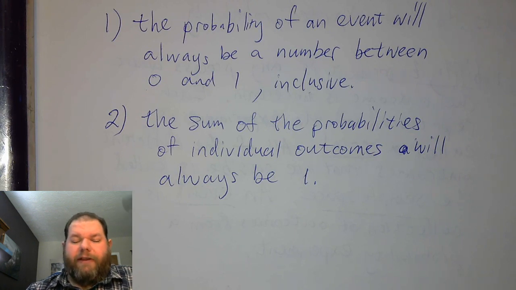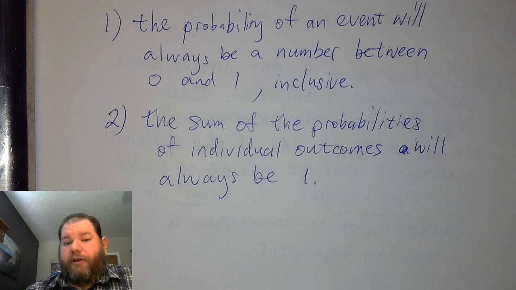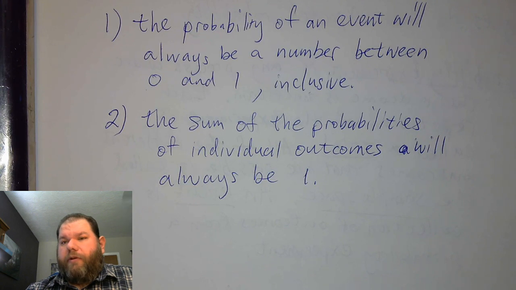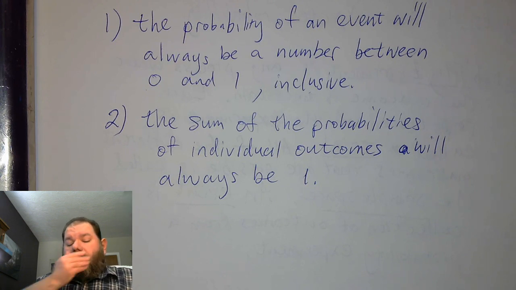That's what the book tends to ask us. We'll look at some of those when we get to it. So the probability of each event is between 0 and 1, and the sum of all the probabilities of individual outcomes will always equal 1.